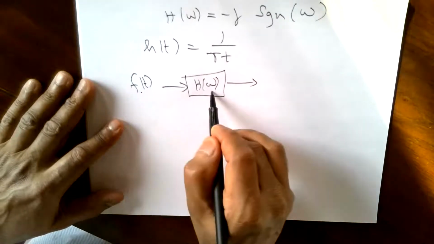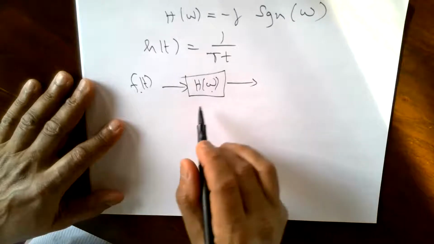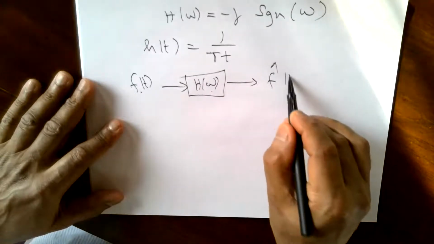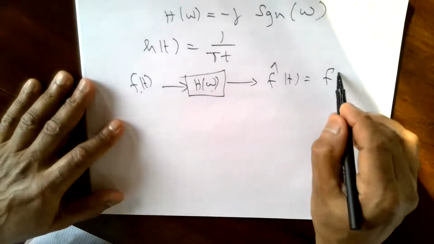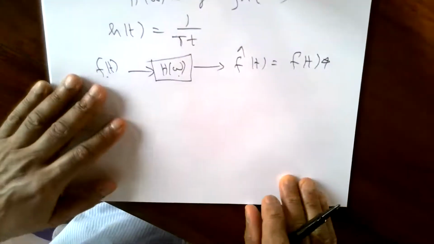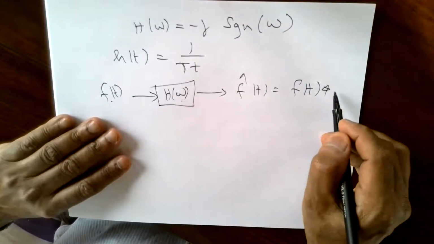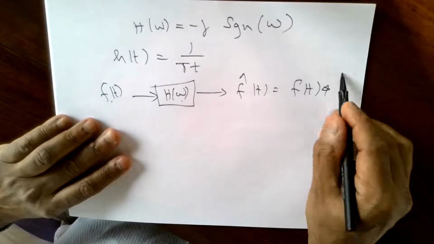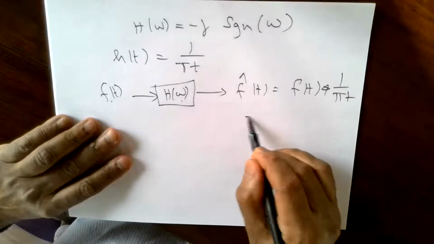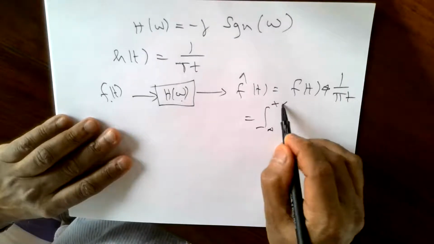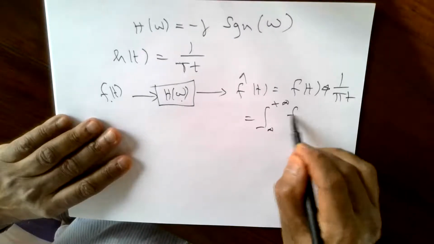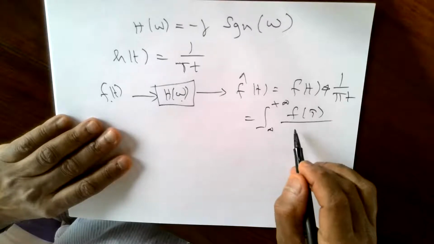So f(t) goes through H(ω), and I'm going to call the output f hat of t. In the time domain, this is simply f(t) convolved with 1 over πt. I'm not saying this is the best way to implement it, but we could write it like this.